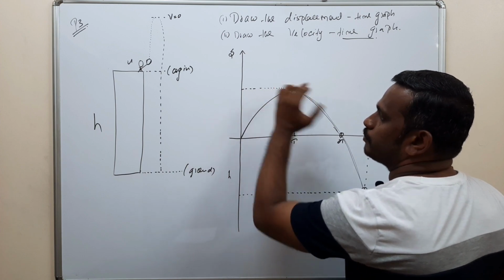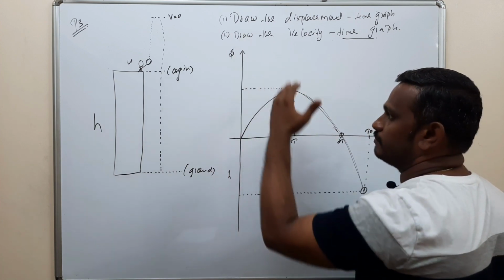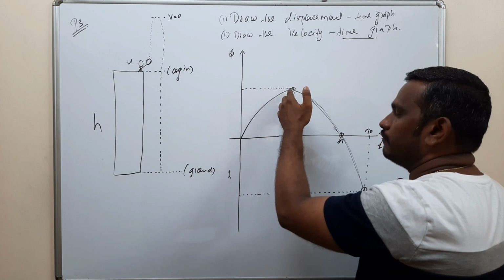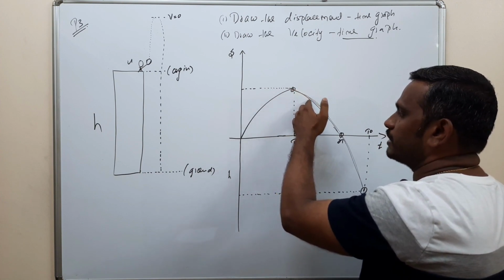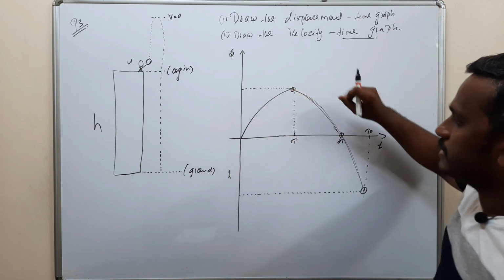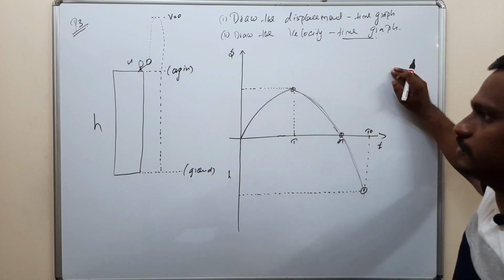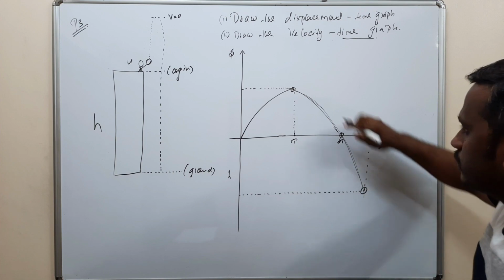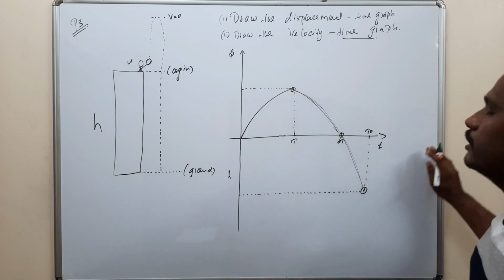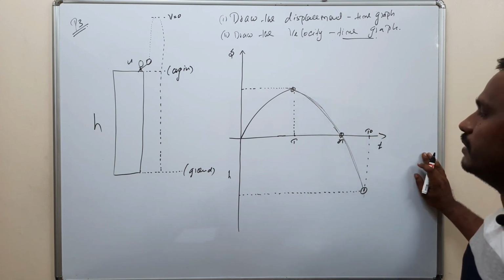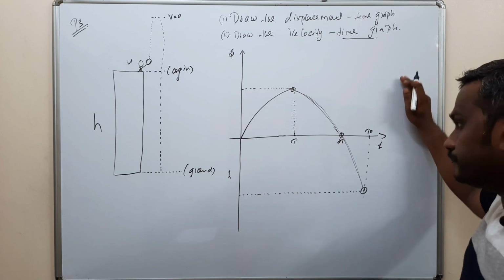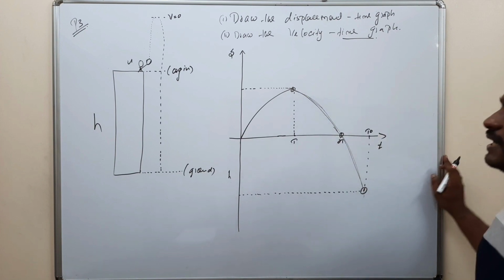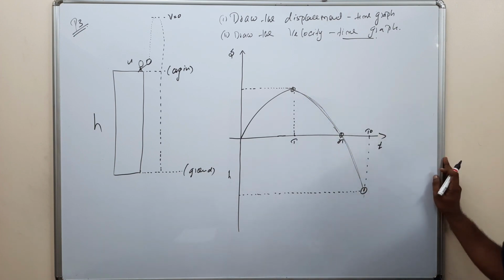At this point the slope becomes 0, that means the velocity becomes 0. From this point the slope increases, but in the negative direction, so it is negative velocity. It's a continuous curve.